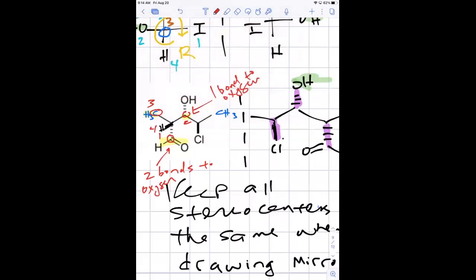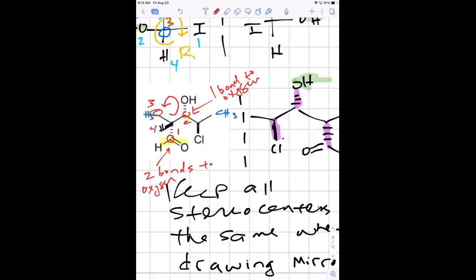So how are those groups oriented? If the aldehyde is one, and the carbon where the alcohol is two, and then the methyl group is three, is that clockwise or counterclockwise?